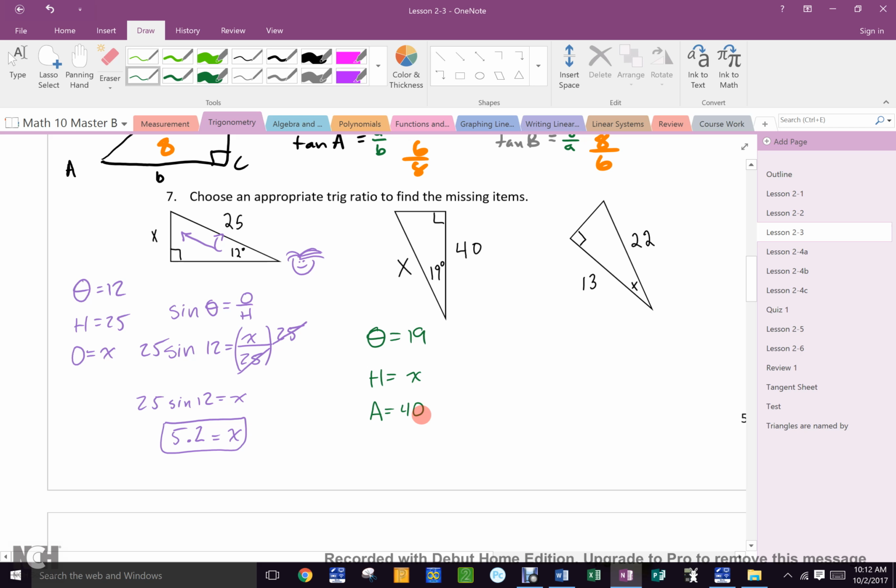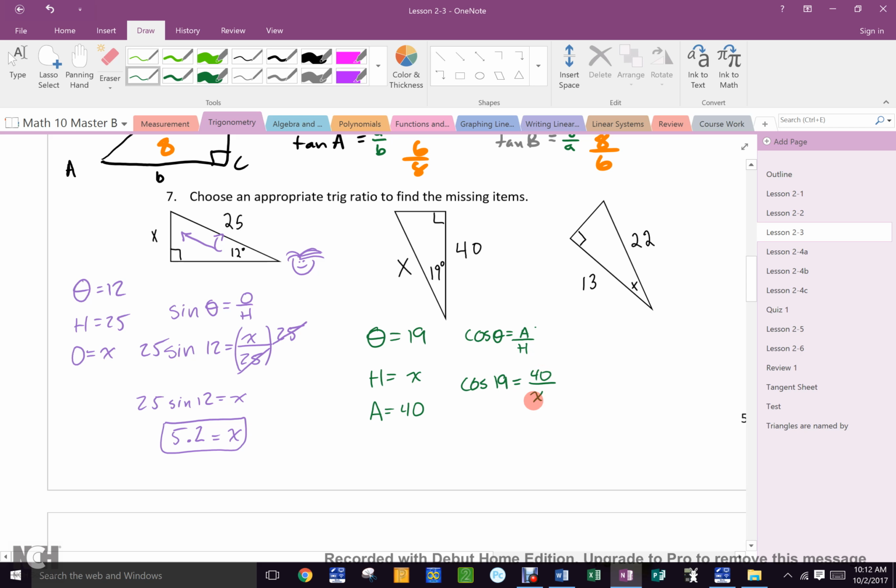What uses A and H? Cos theta is A over H. Fill it in. What's theta? 19. What's A? 40. What's H? X.